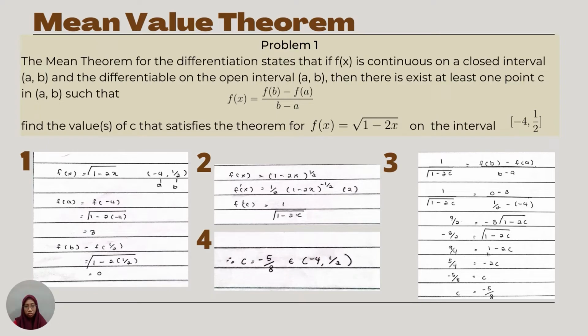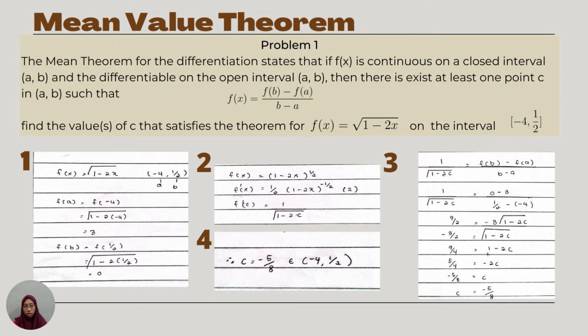Next, we substitute negative 4 into function f(a) and we get 3. Substituting 1 over 2 into function f(b), we get 0. The next step is we must differentiate the function f(x) and we will get 1 over square root of 1 minus 2x. And we want to find f'(c), so we change the x into c.